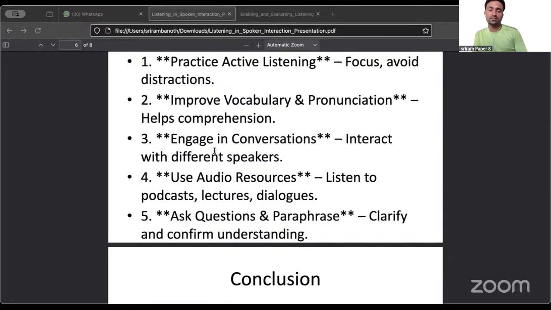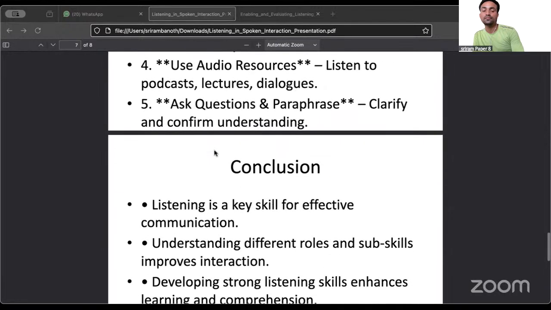Ask questions and paraphrase, clarify and confirm understanding.